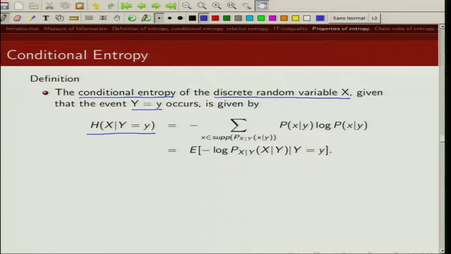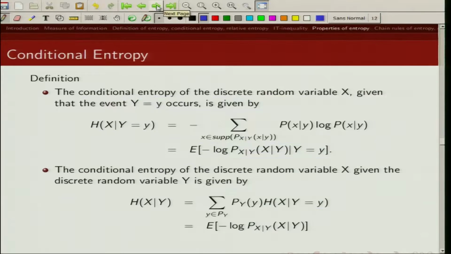It is given by this expression, which is minus summation over the support set of this conditional probability distribution of x given y, p of x given y times log of p of x given y. So, this is basically the expectation of minus log of p of x given y equal to y, a particular event has occurred.